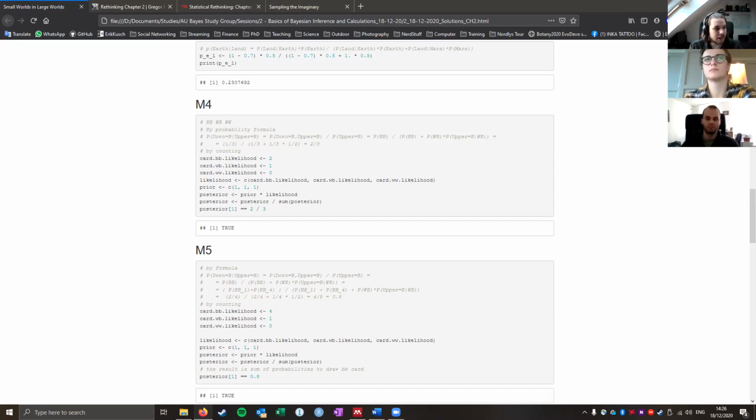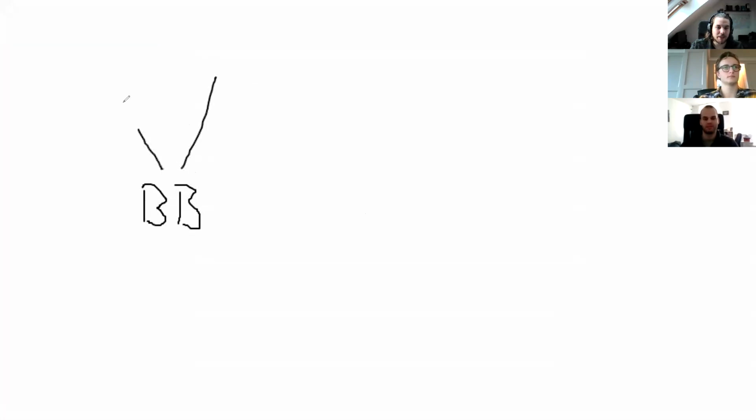For this, I can actually start the whiteboard because I'm not hearing overwhelming agreement yet. And for this, I am just going to say, this over here is our black card, where the first draw is definitely black and the second draw is also definitely black.